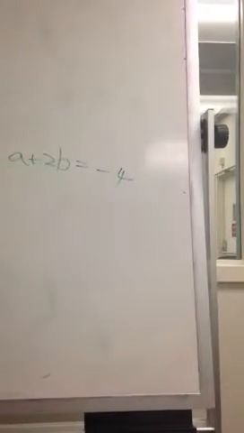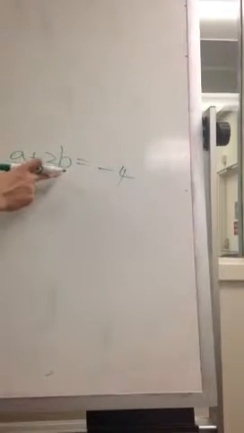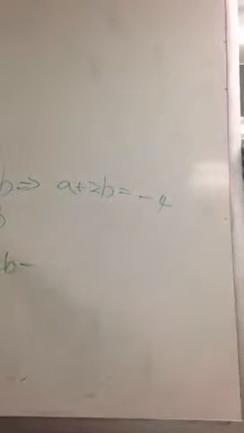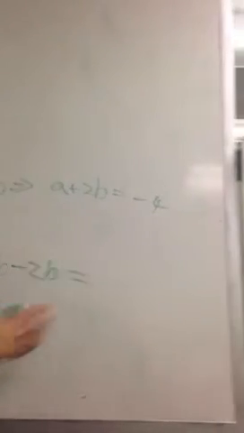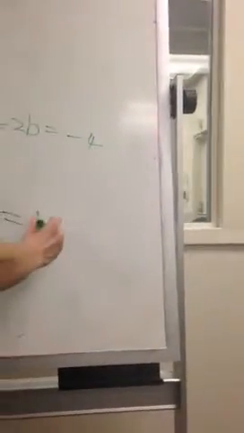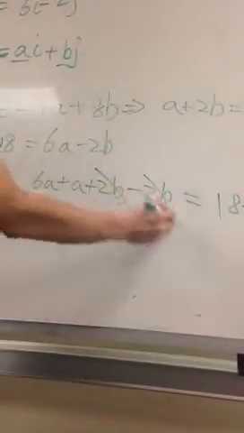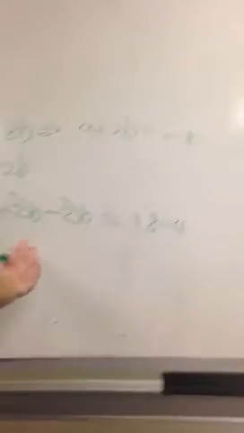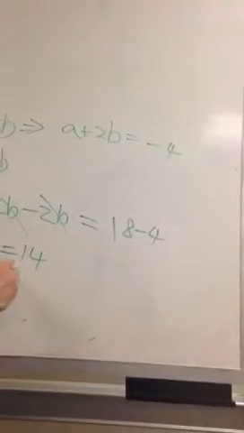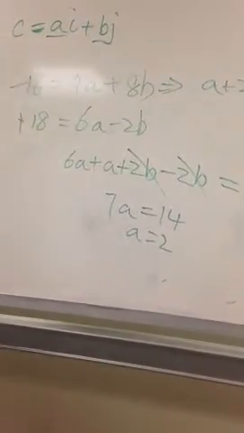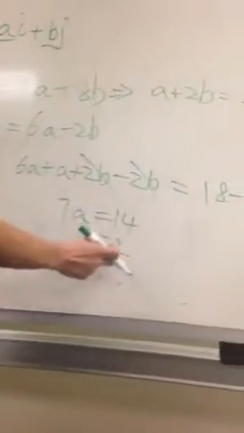And then if you add these two, it will be 6A plus A plus 2B minus 2B equals 18 minus 4, right? 7A equal to 14. A equal to 2. If you got this, you just plug in here.